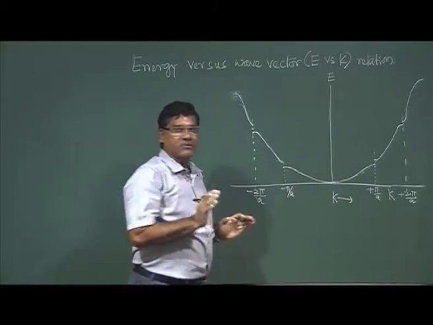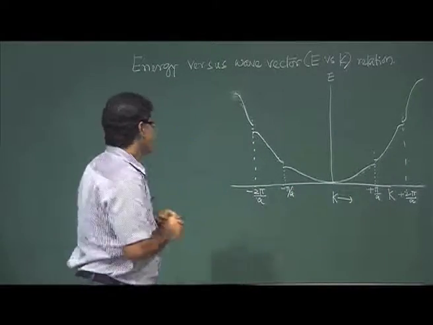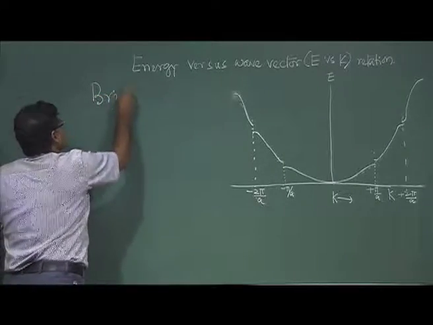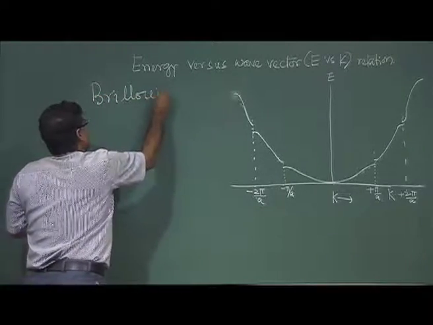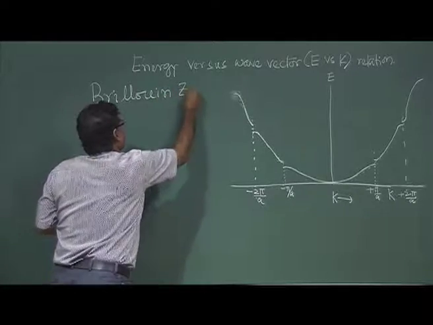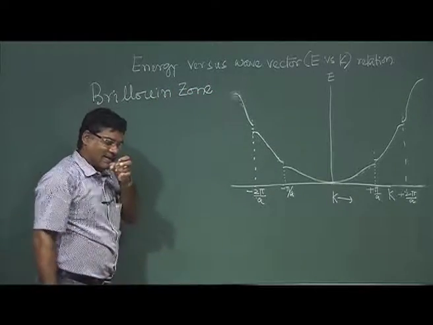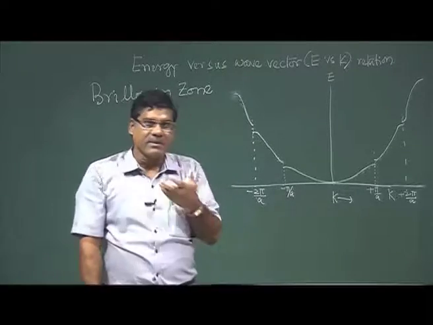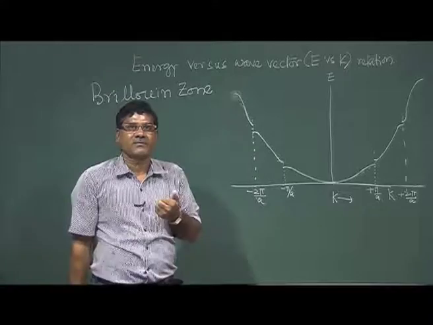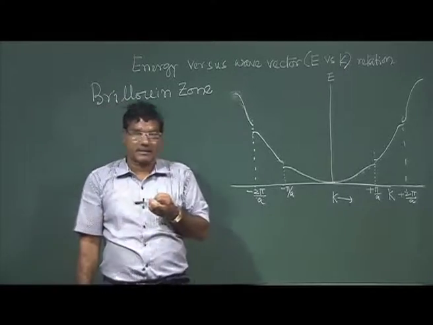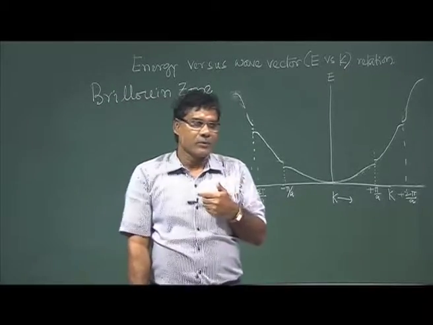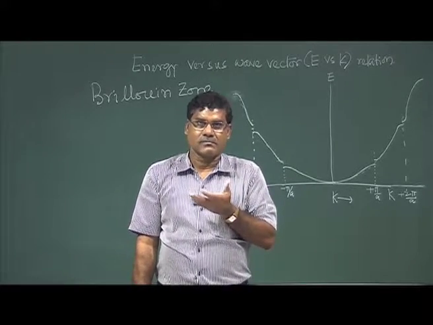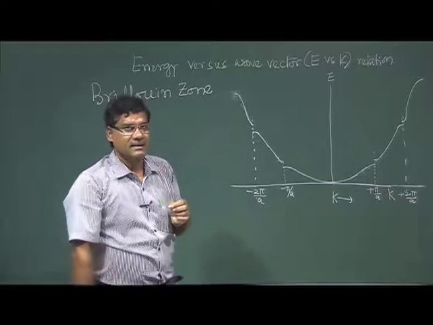Okay. So, as you remember, the Brillouin zone, what was that? That is basically the unit cell, the primitive unit cell in the case of the reciprocal lattice, right. The Wigner-Seitz cell, how was it constructed?